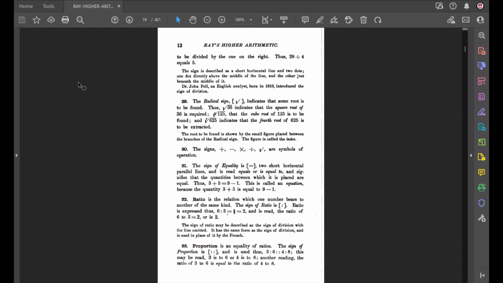So if I have the proportion of the ratio 14:7 as blank is to 5, what number will make this proportion true? 14:7, just as this quantity is to 5. What is that quantity?